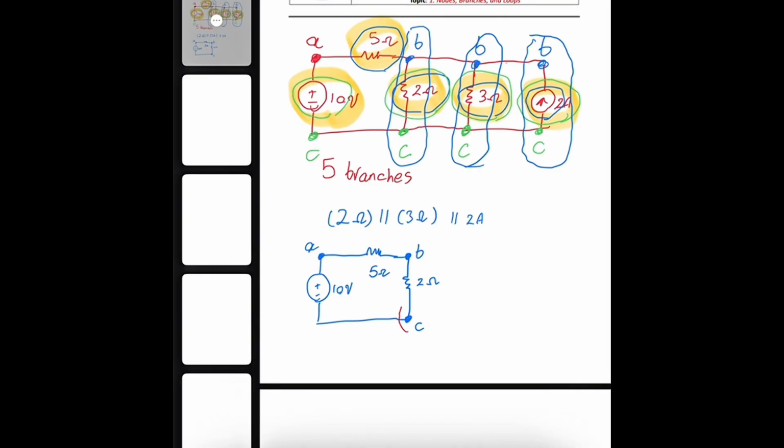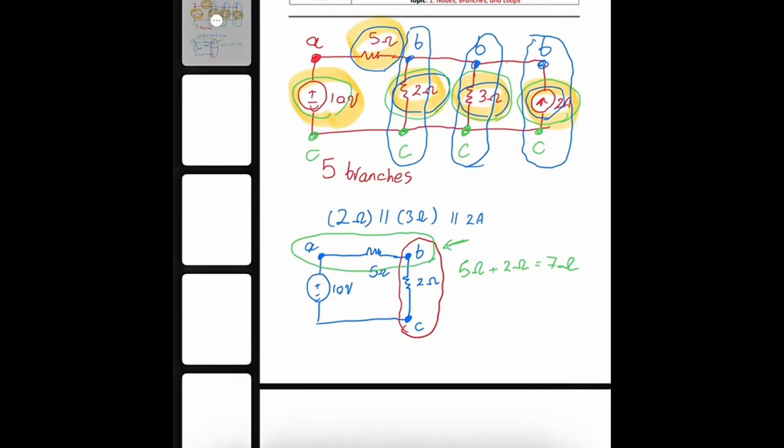This resistor has B and C. This resistor has A and B. Since they are using only one common node, we are going to say that they are in series. 5 ohm plus 2 ohm is equal to 7 ohm.